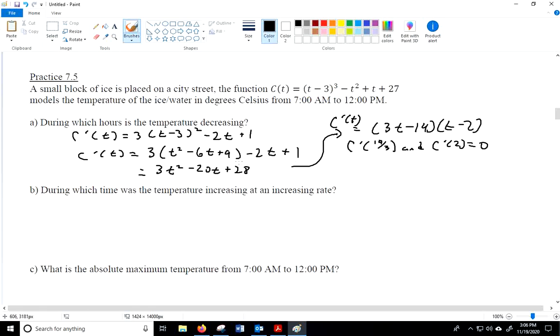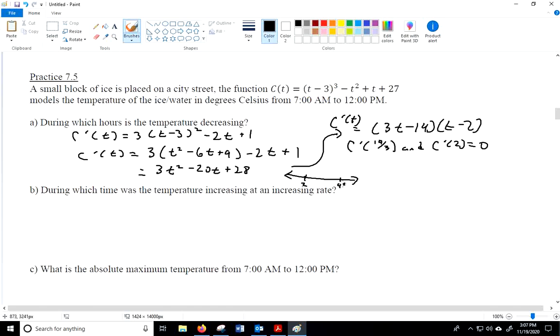So when is the temperature decreasing? Well, that would be when the derivative is negative. You can see this derivative is a parabola opening upwards, so it's not that hard to imagine on the number line that it's intersecting at 2, and 14 over 3 is just a little less than 5, 4 and 2/3.